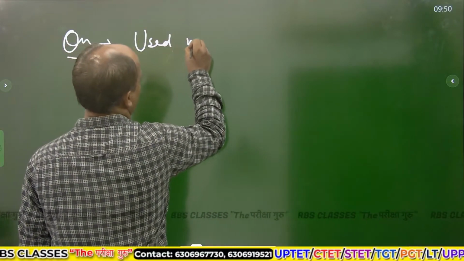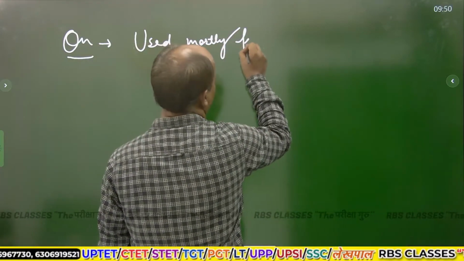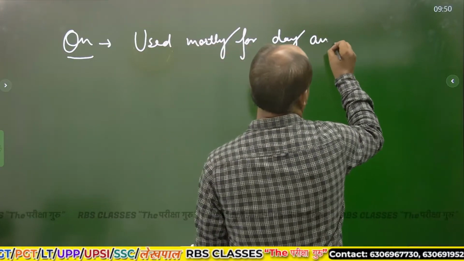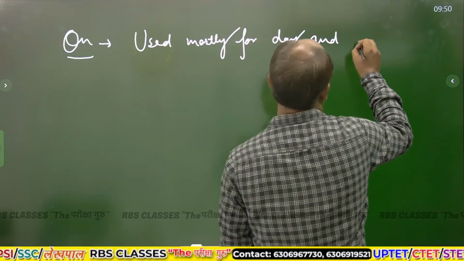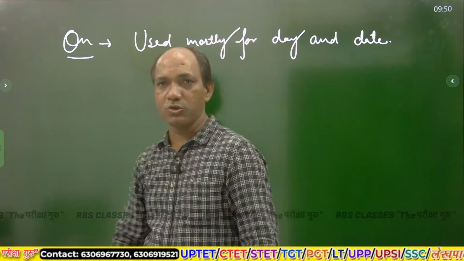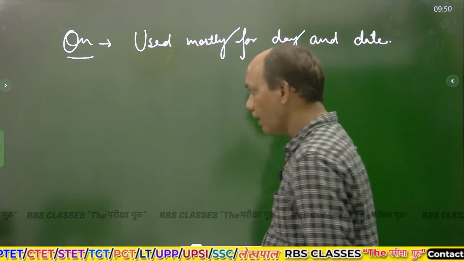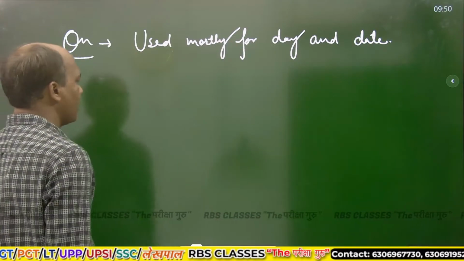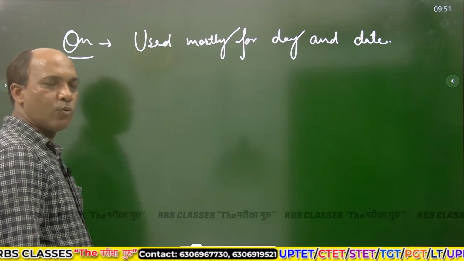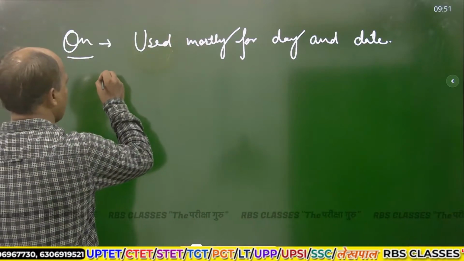Used mostly for day and date. अब उस डे और डेट से संबंधित जो कुछ भी होगा उसके लिए ऑन का यूज किया जाएगा। जैसे कहा जाए मैं उससे मंगलवार को मिला, मैं उससे मंगलवार को मिला। ठीक है, कैसे कहेंगे?